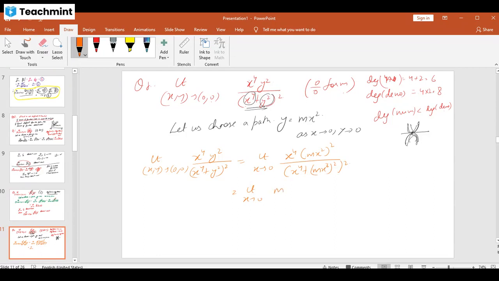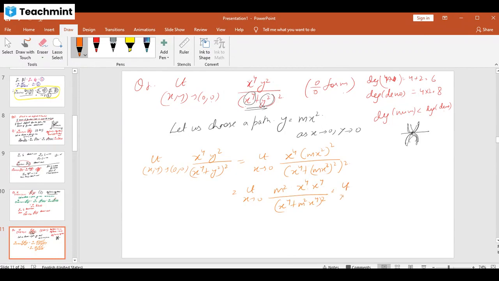Here m square is a constant, taken outside: x power 4 into x power 4 in the numerator. In the denominator, x power 4 plus m square x power 4, and its whole square.